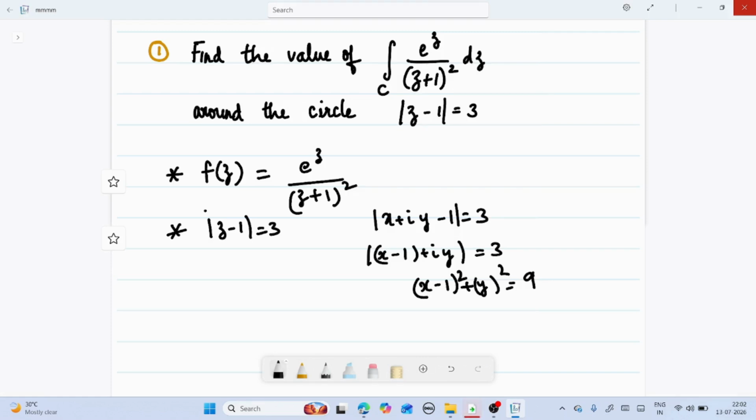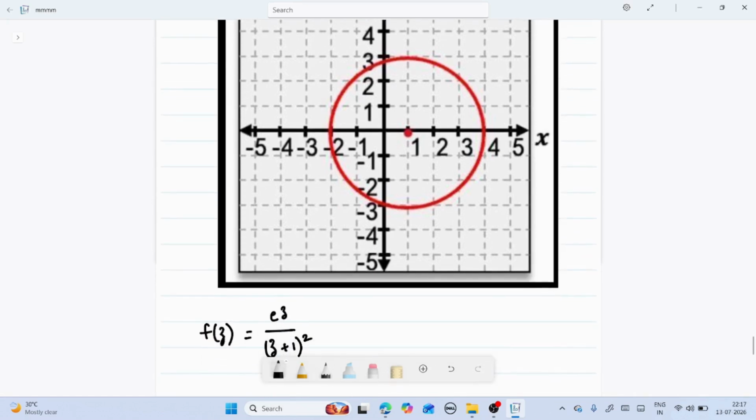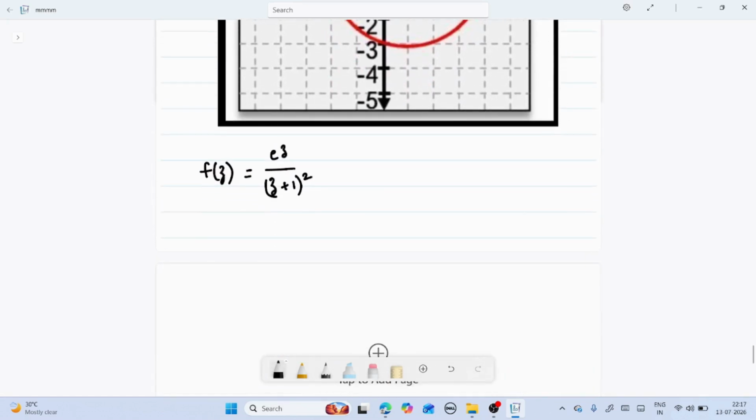You can plot the circle on a graph, just a rough graph like this. The equation of the circle was (x minus 1) the whole square plus y square equal to 9, a circle with center at (1, 0) and radius 3. So this is the circle. Just plot it on a graph. Next, we find the poles from the given function.